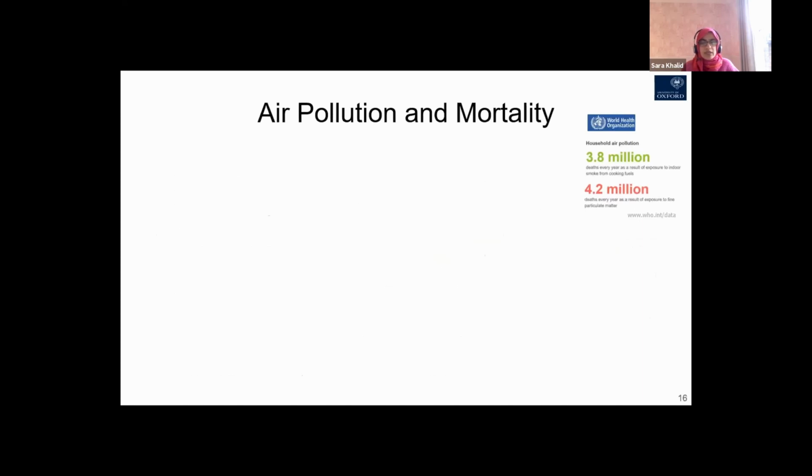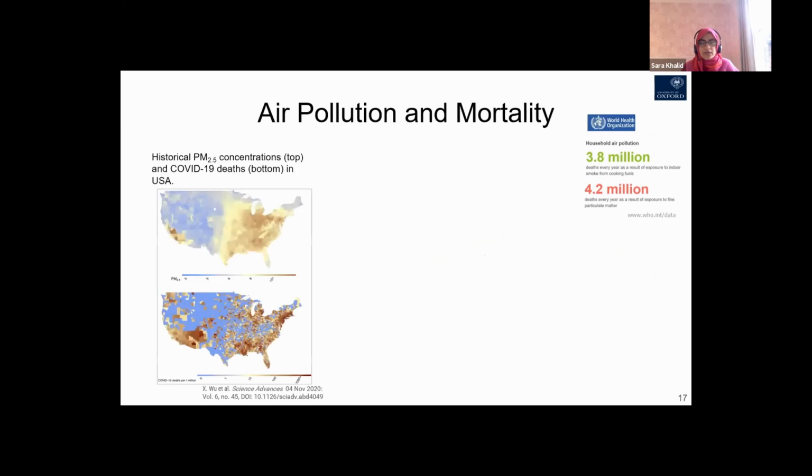The association between air pollution and mortality is also well known. So one only needs to look at the WHO's dashboard on this to get an idea. Air pollution has even been linked with higher COVID-19 mortality.